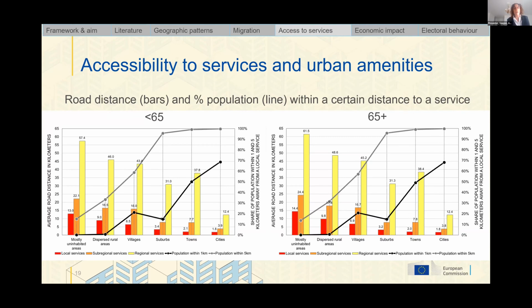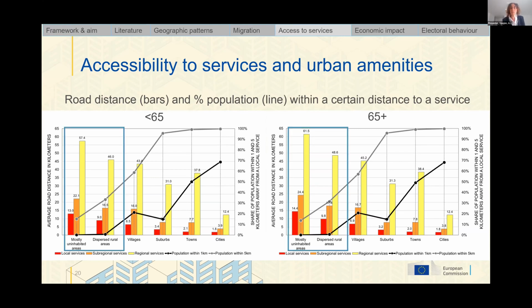And on these two graphs, you see the road distance and the percentage of population with a certain distance to a service. At first glance, there seems to be very little difference between the two age groups. Overall, still it's visible that compared to rural areas, cities, towns, and suburbs provide better accessibility for all age groups to generic services, regardless of the geographic scope of the service provided.